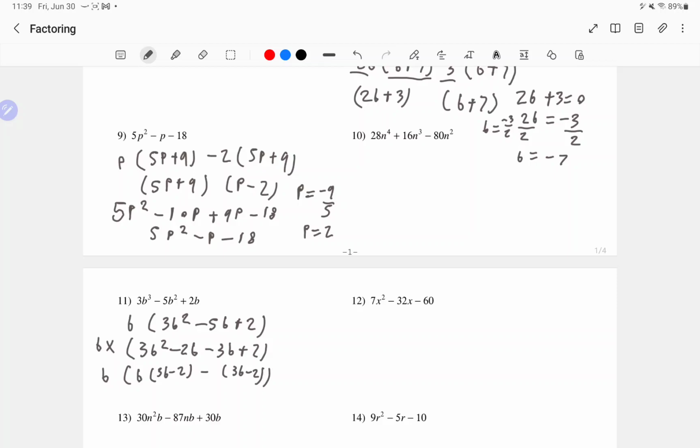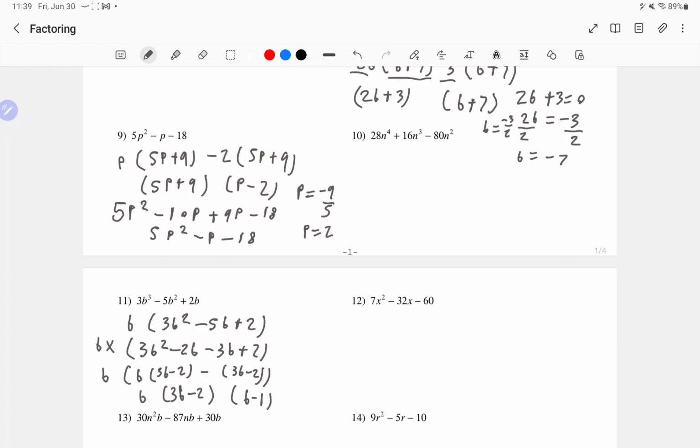Alright, well, this looks simple. That's the solution, I guess. Yeah, so this is a solution. b times 3b minus 2, and then you got another b minus 1.